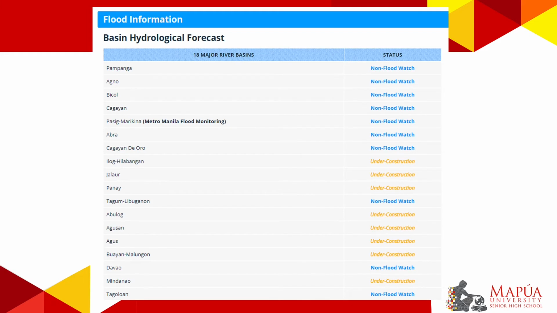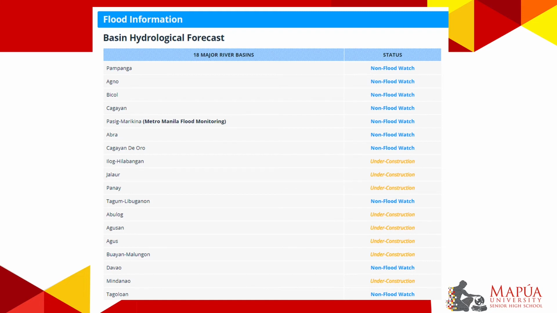We have Pampanga, Agno, Bicol, Cagayan, Pasig-Marikina, Abra, Cagayan de Oro, Ilog-Hilabangan, Jalaur, Panay, Tagum-Libuganon, Abulog, Agusan, Agus, Buayan-Malungon, Davao, Mindanao, and Tagoloan. Sorry.